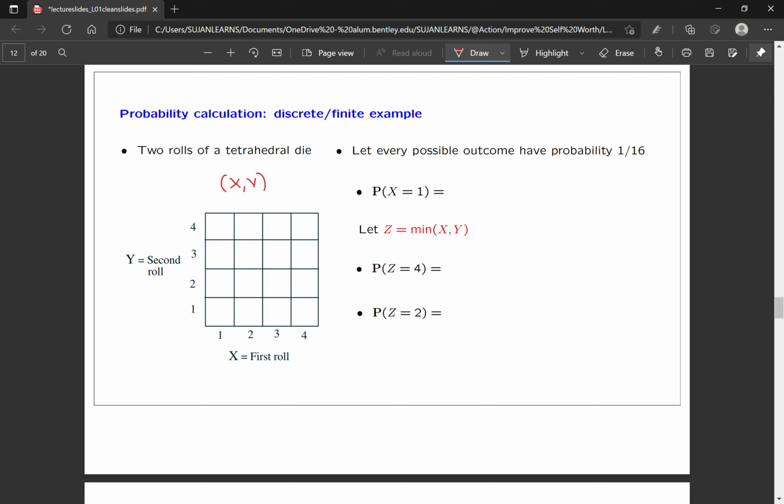Now, third step is to calculate the probabilities. The probability we want to calculate is of x equal to 1. This is x. And we're going to calculate the probability when x is equal to 1. Each of these scenarios has a probability of 1 by 16, and there are 4 circumstances when x can be equal to 1.